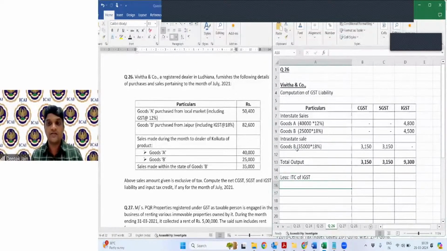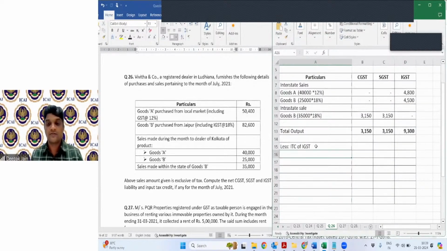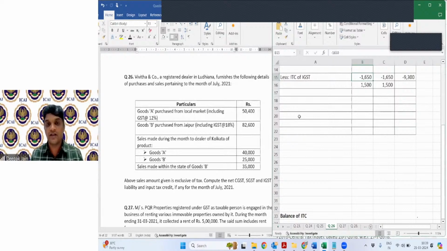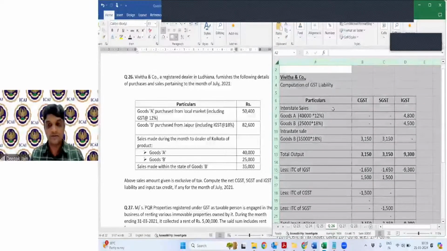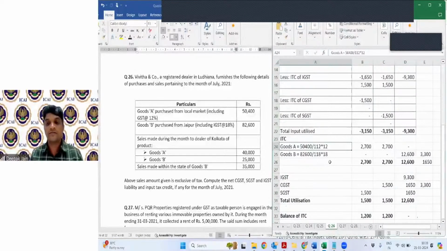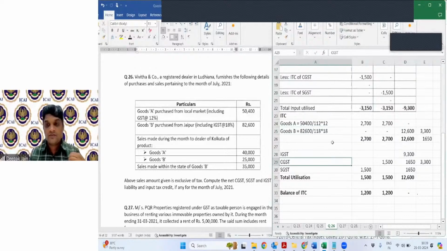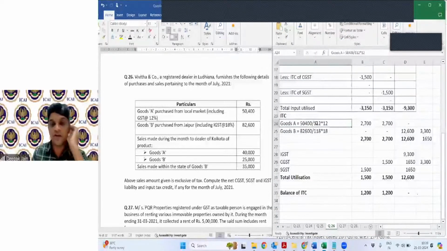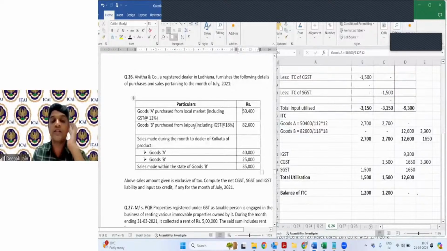Now, ITC, how much is the ITC I have? For that, let me do a working. ITC on goods A, it is 50,400, which is including GST at 12%.